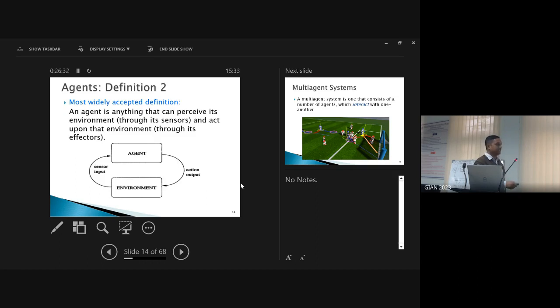After sensing, it will compute and will perform some task on the environment, and that will change the environment. So in one state, the agent perceives the environment, it computes something, it operates on the environment, and there is a possibility that the environment has changed.